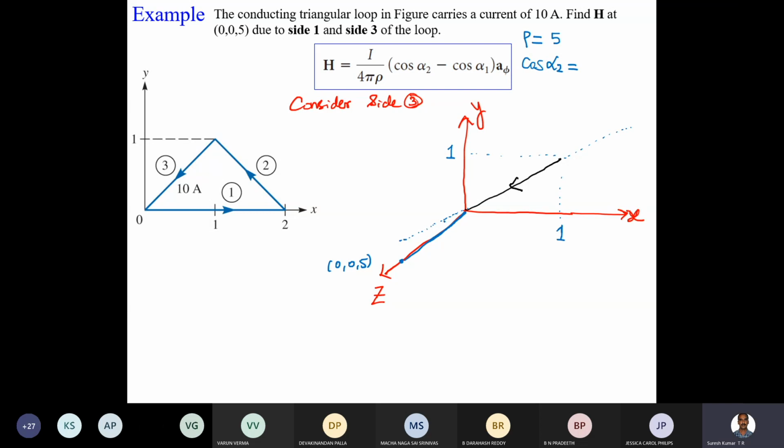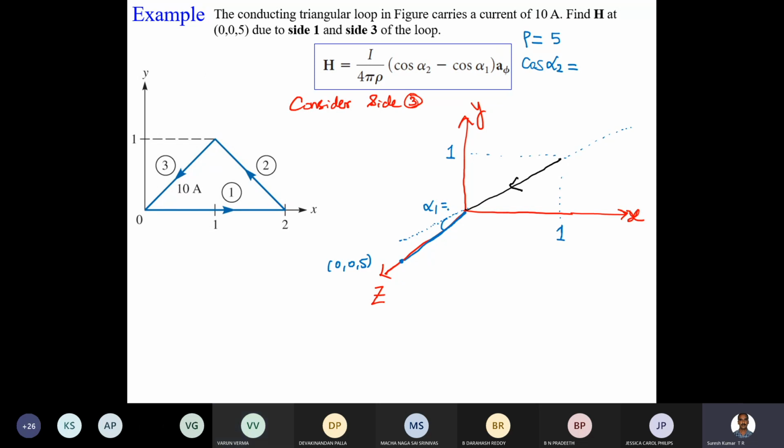What is the angle alpha 1? See, this dotted line is lying in the xy plane. I'm asking you to calculate the angle between the dotted blue line and the solid blue line. Now you give the answer. Sir, 45.